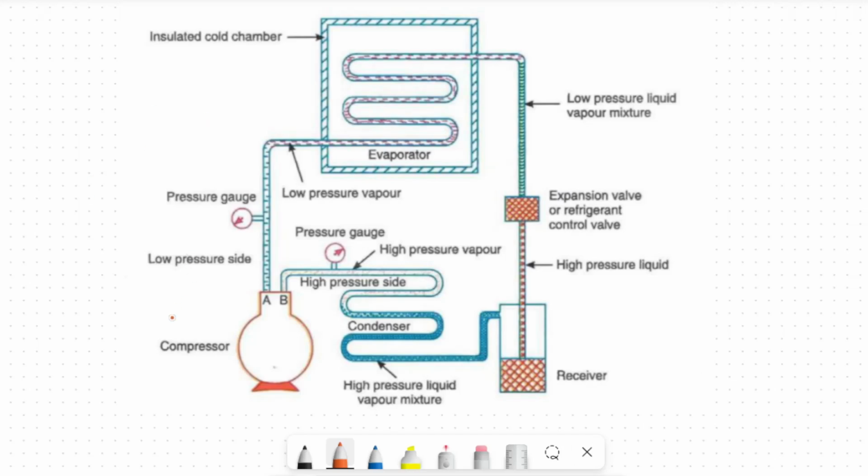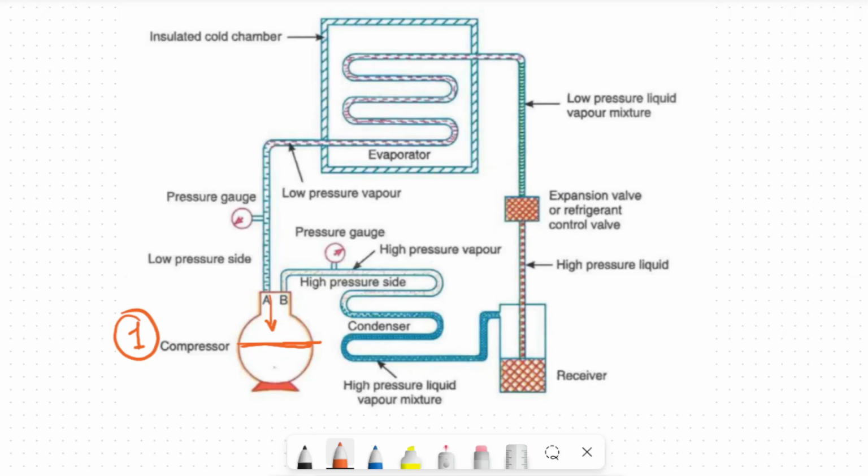So, first component in the system is the compressor. Now, the refrigerant, which is the working fluid, enters into the compressor. Mostly, if we talk about the domestic air conditioner, refrigerator, it is a hermetically sealed compressor, reciprocating type.